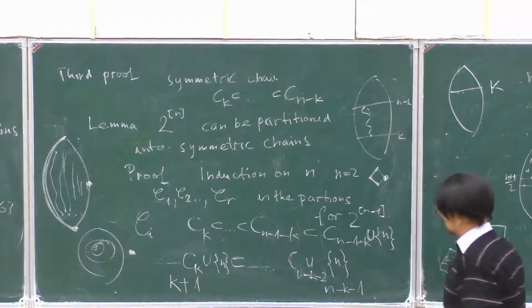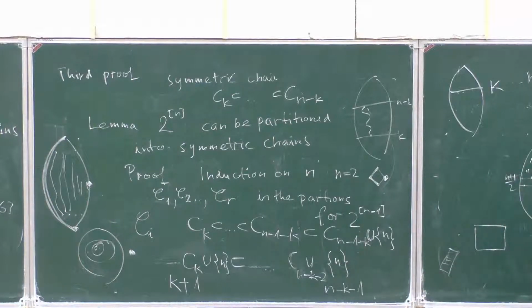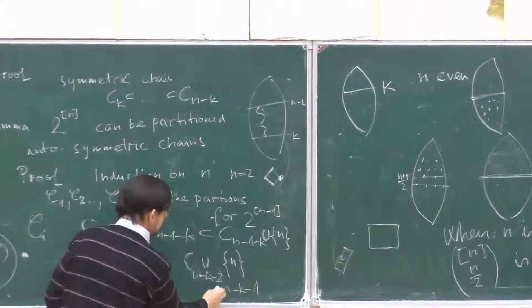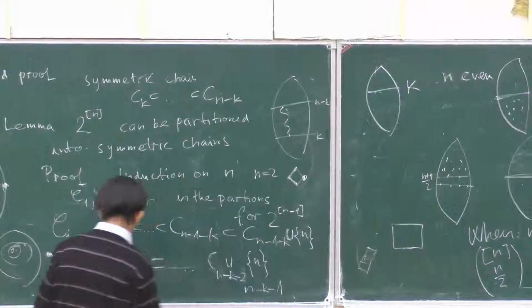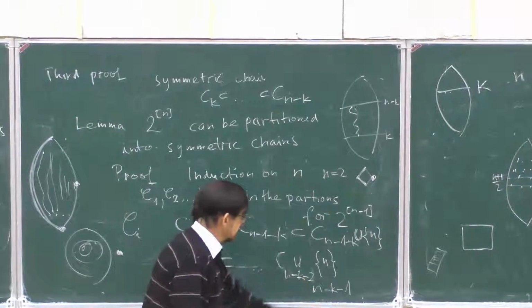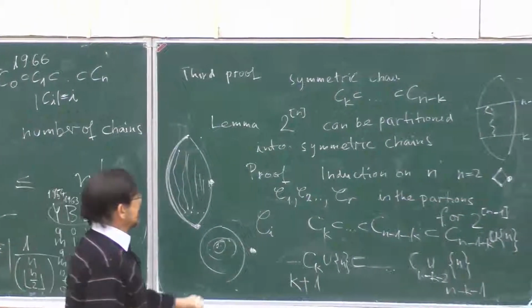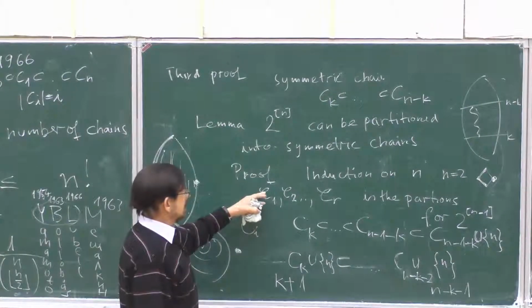Oh yeah, I made a calculation mistake here. So this is n minus k minus 1 plus 1 because of this, and here this is symmetric again. So go back to this point.